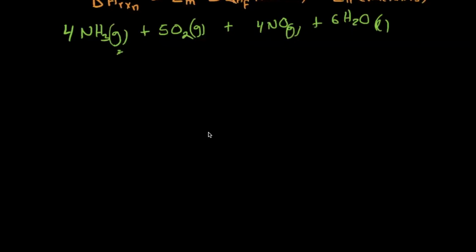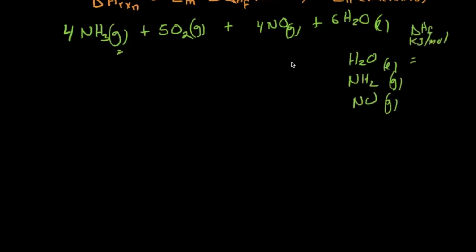So in your book, you're going to have water, ammonia, and NO. You want to make sure that water is in the liquid form, that ammonia is in the gas form, and that nitrogen monoxide is in the gas form. And you're going to have these values for delta H of formation. It's going to be kilojoules per mole.